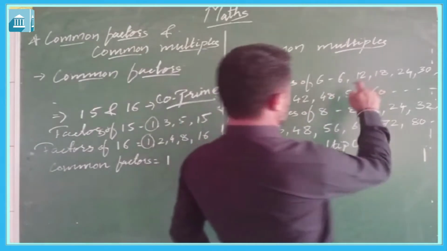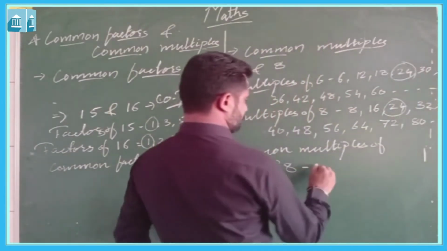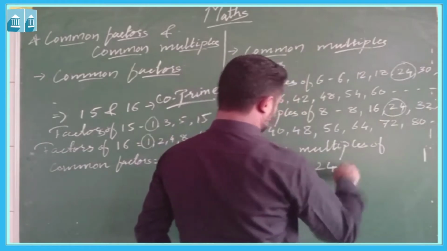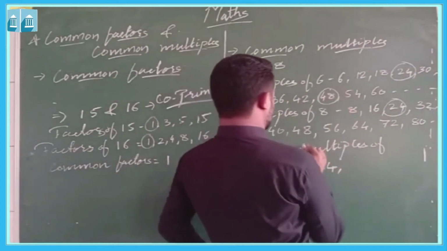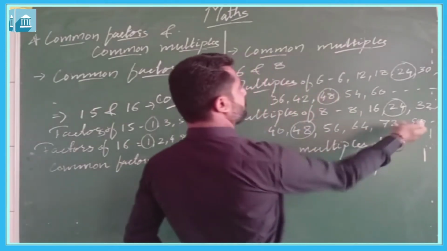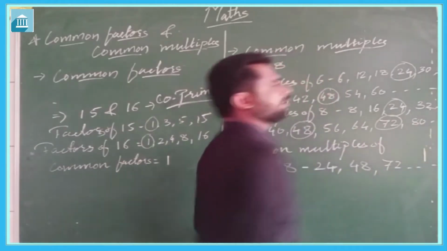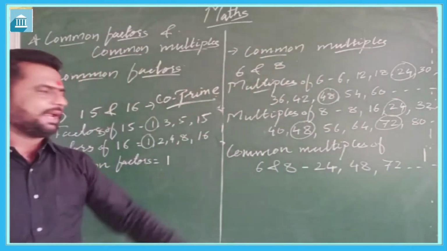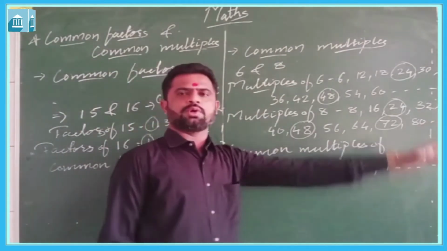So first is 24, then 48, then it will be 72 and so on. The common multiples of 6 and 8 are 24, 48, 72 and so on.